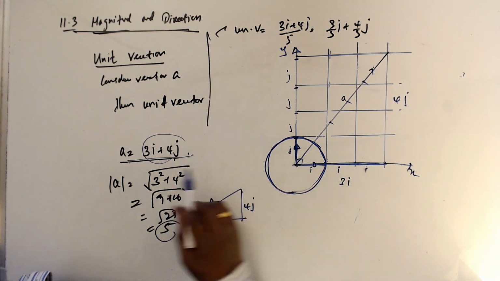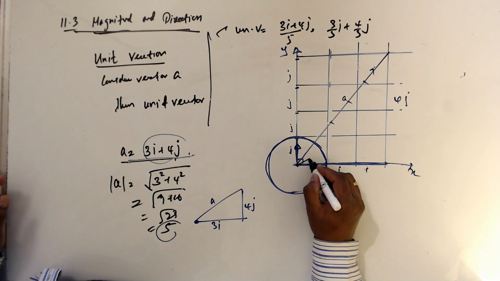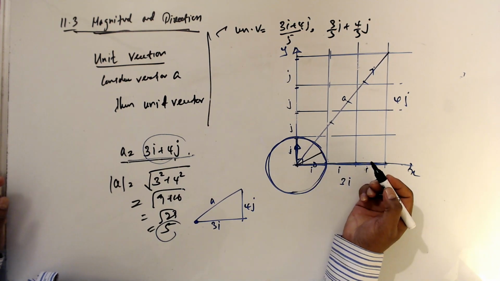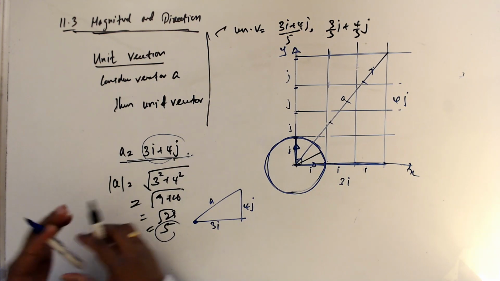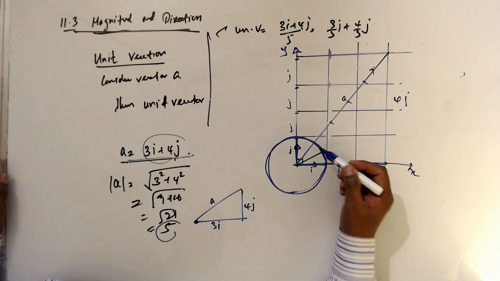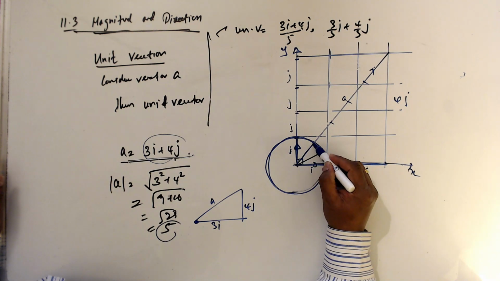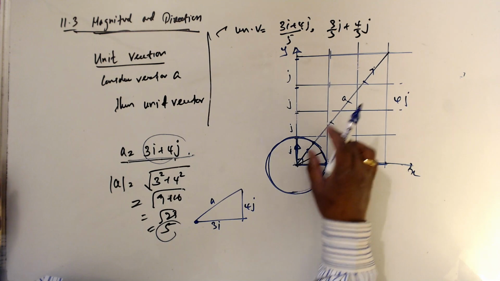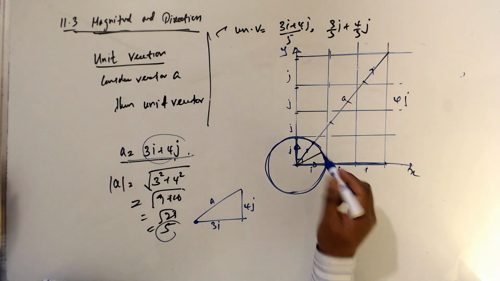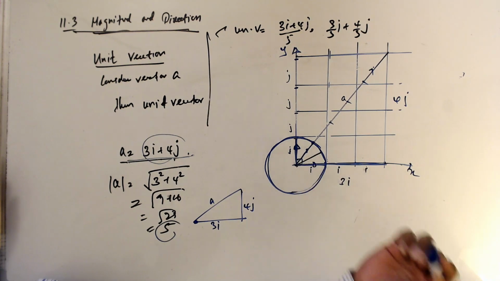Now for this direction, this is the unit. Now for this direction, the unit is from here to here, 1, 2, 3, 4, 5 like that. So this is a unit. So this is the unit vector.